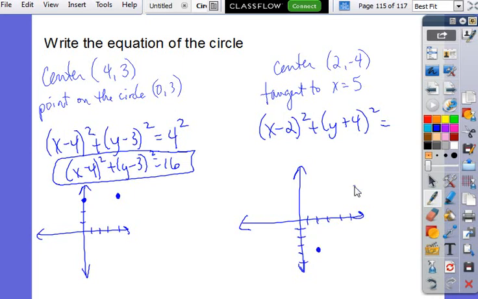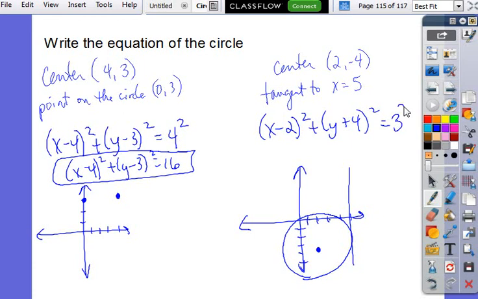I know we've forgotten, but x equals 5 is a vertical line. So that means this circle does this. How far away is this point from the edge of the circle? Three spaces away. 1, 2, 3. So the radius is 3, do 3 squared.